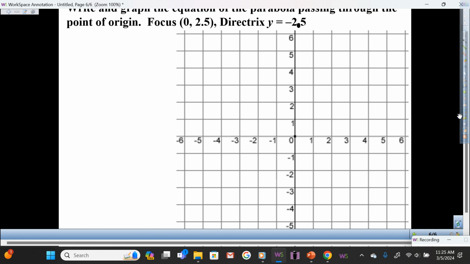All right. Looking at the directrix. Tell your neighbor what equation you're going to use. All right. Equation, where are we at?